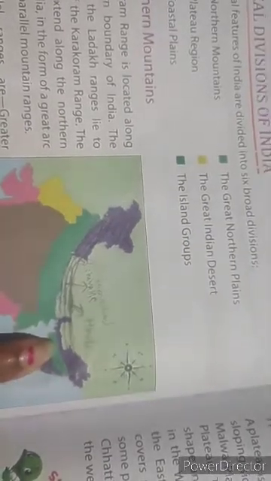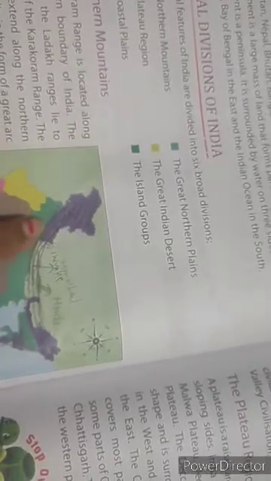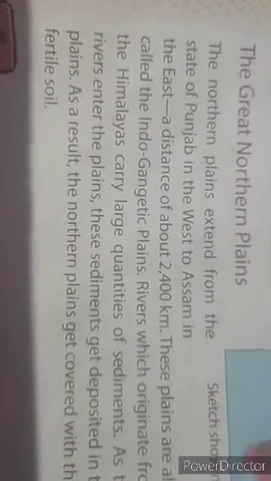This is a distance of about 2400 kilometers. These plains are also called the Indo-Gangetic Plains.